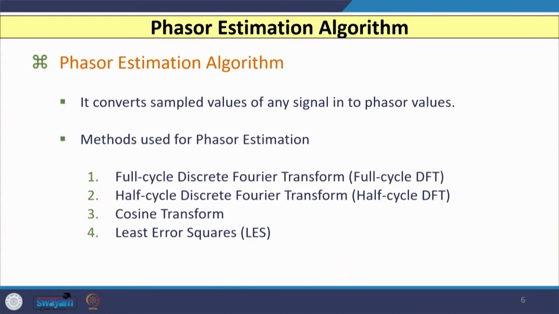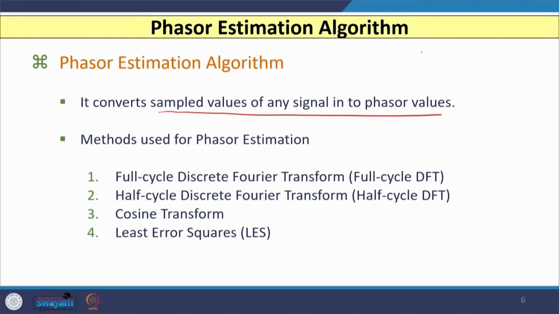Now, let us see what are the different types of phasor estimation algorithms available. As I told you, the function of a phasor estimation algorithm is to convert sample values into phasor values.